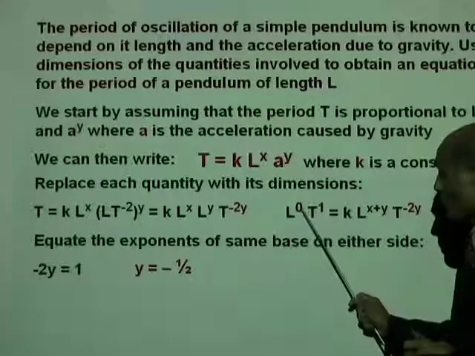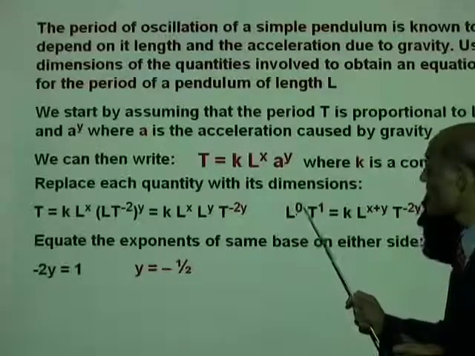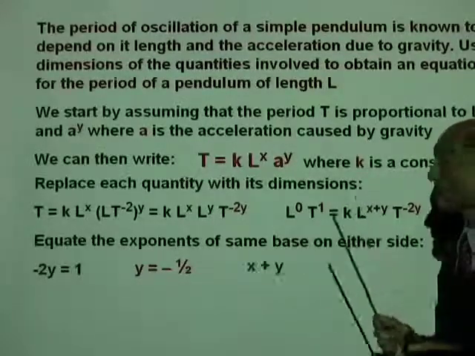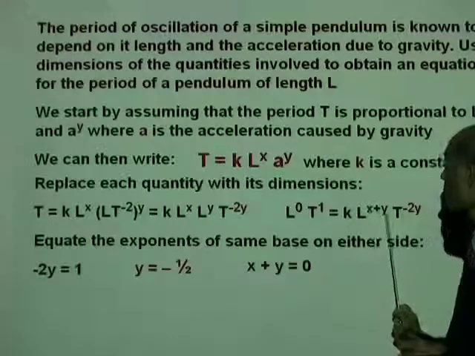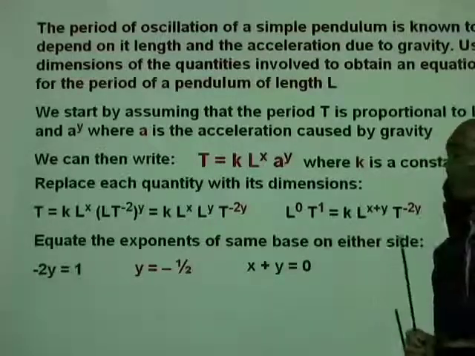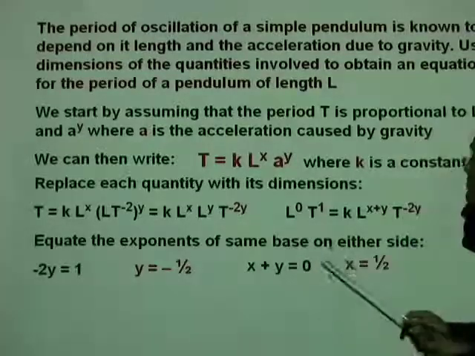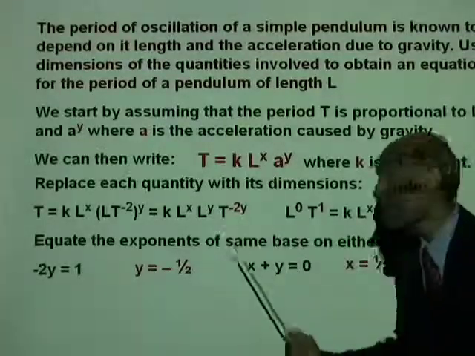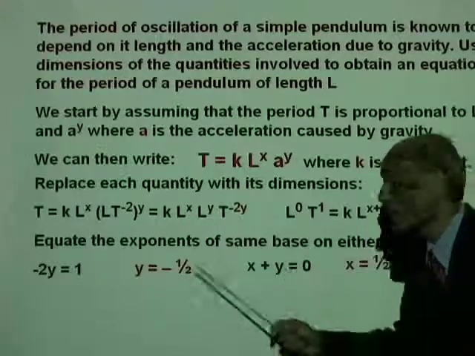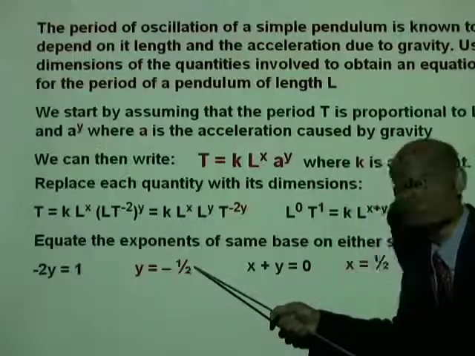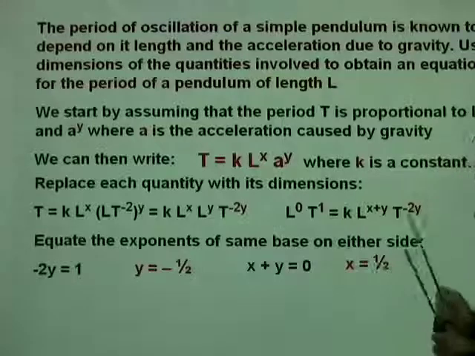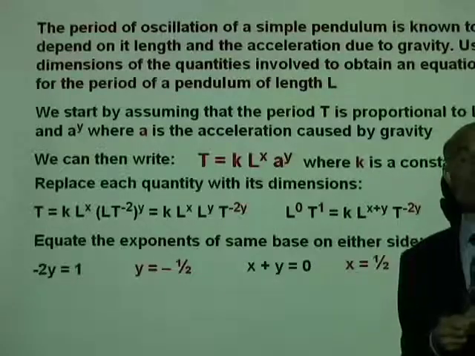Now, also equating the powers of L, we have x plus y equal to 0. What does that mean? It means x equal to negative y, but y equal to negative 1/2. Therefore, x must be positive 1/2.